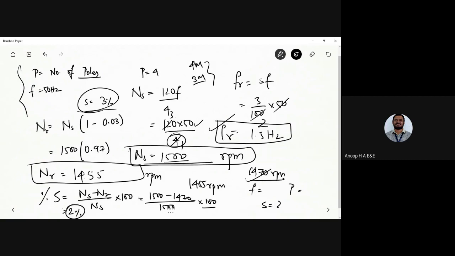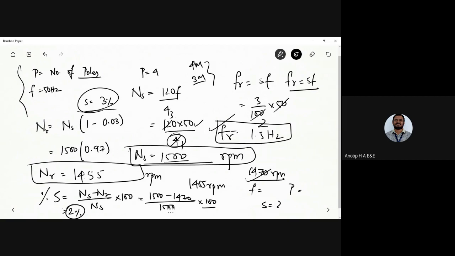If you find out the slip, it would be easy to find out the rotor frequency also. All the problems here are quite simple, and you can easily find the answer. It would be better that you practice the problems given there, so that you can score more in this module number 3.